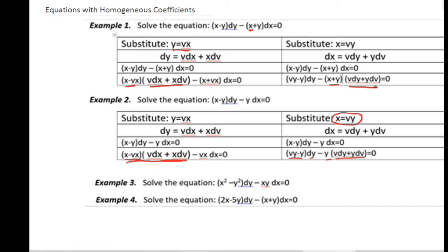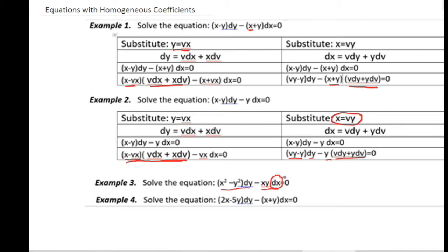So let us determine which of the two will be used for our example 3. Here we have (x² - y²) dy, and we have xy dx. To have a simple solution, this dx is our focus to be substituted with a binomial, so that we have only a binomial multiplied by a monomial.